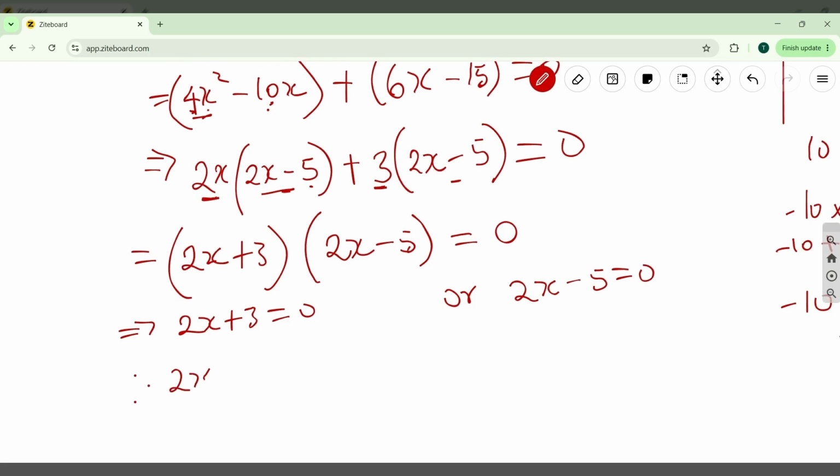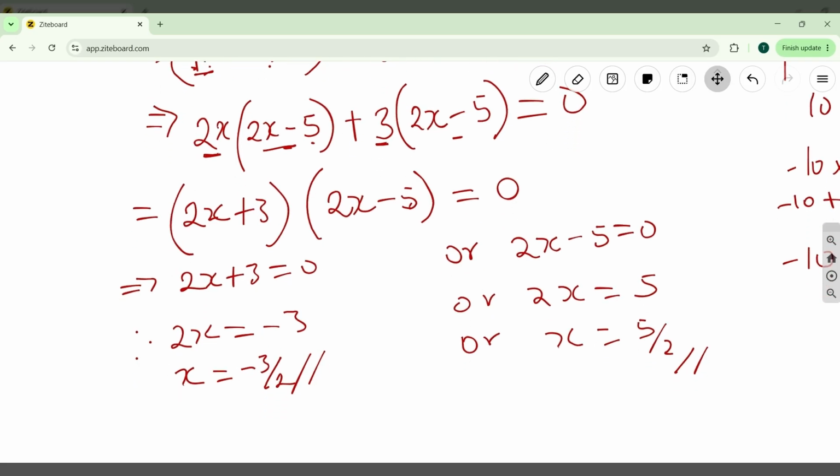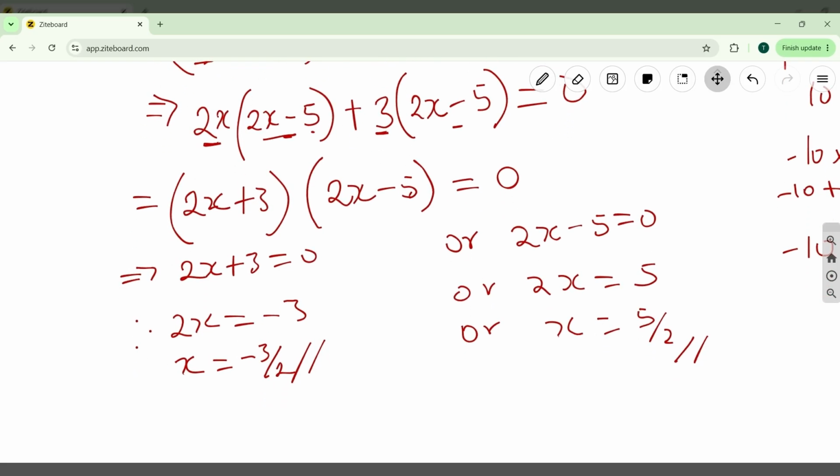Therefore, 2x is equal to negative 3 or 2x is equal to positive 5. This means x is equal to negative 3 over 2 or x is equal to 5 over 2. So that becomes the two values of x when we factorize that quadratic equation.